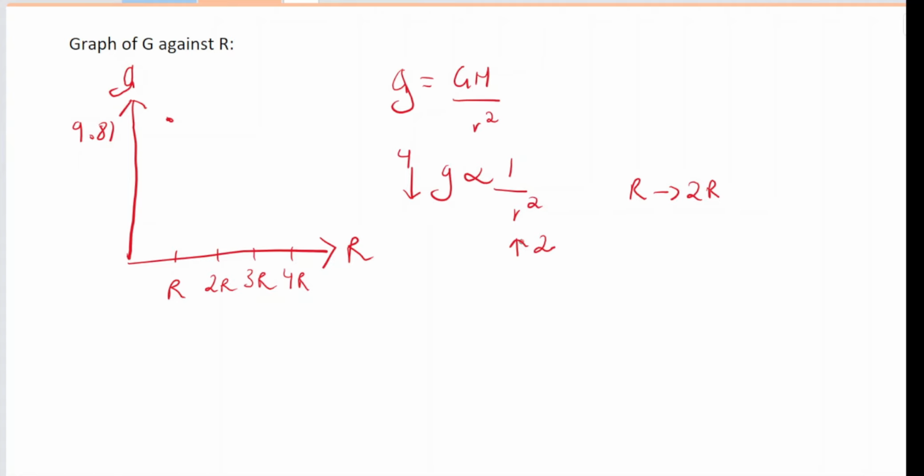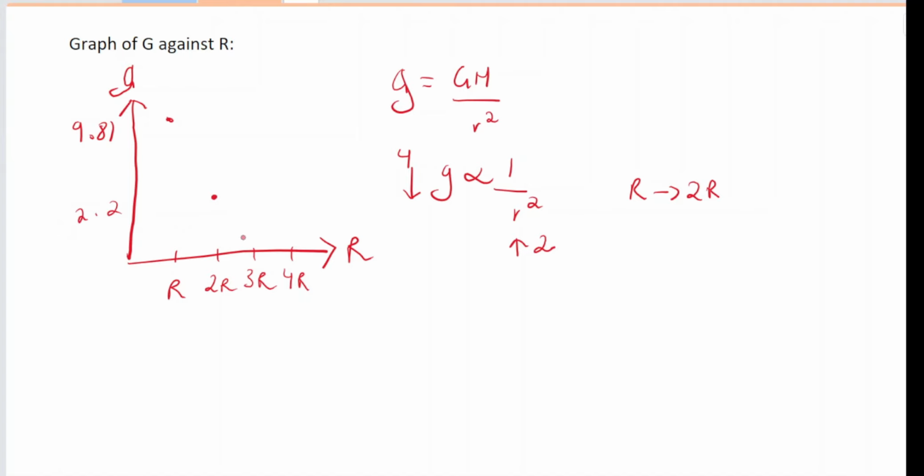So even if you increase it by 3, then it will be 3 squared, which is 9. I hope that makes sense. So for the 2r, the point that we will plot will be 4 times less than this. So you'll do 9.81 divided by 4, which comes to around 2.2 or something. And your next plot will be somewhere over here.